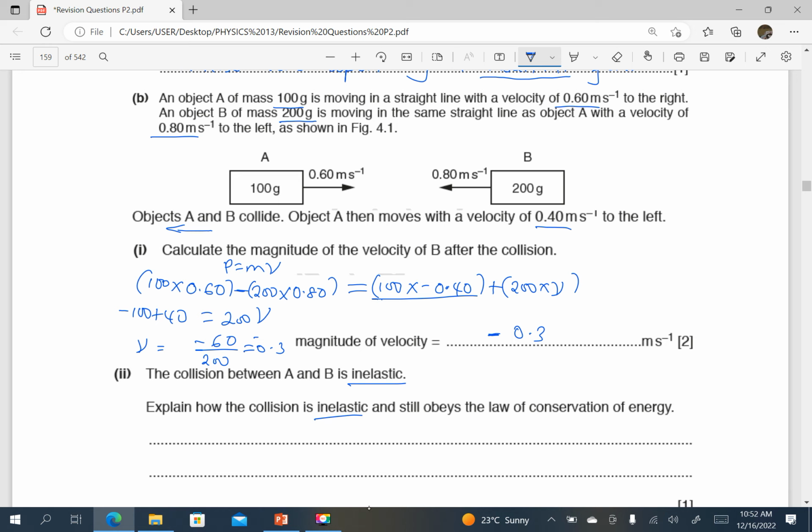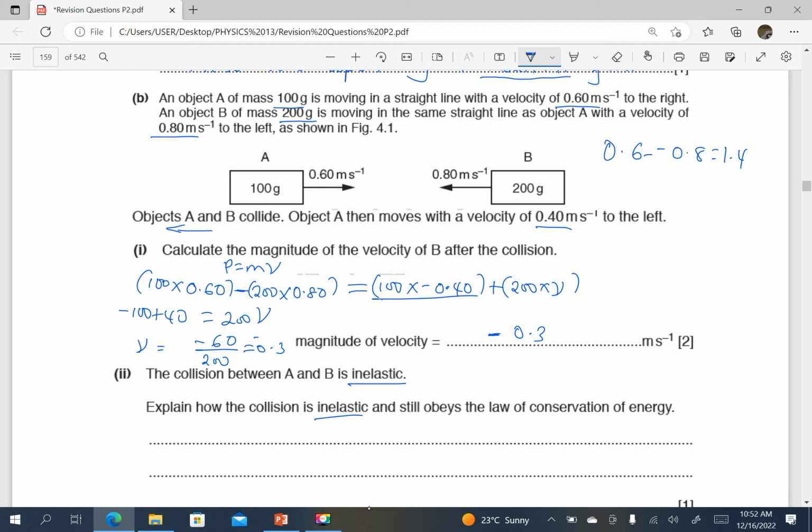Relative velocity of approach is 0.6 minus negative 0.8, which I think is going to be 1.4. That is approach. Separation we have 0.4 to the left, 0.3 is also to the left.